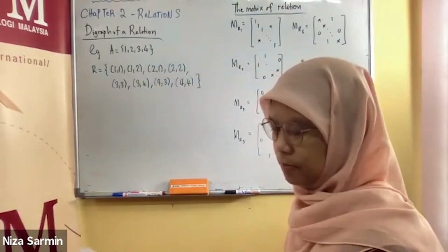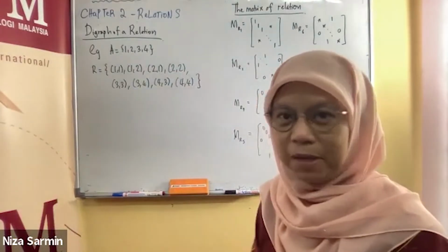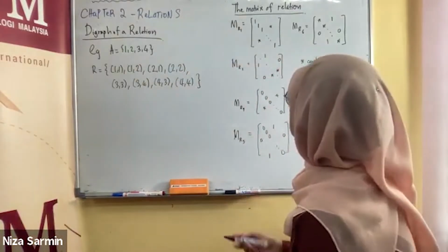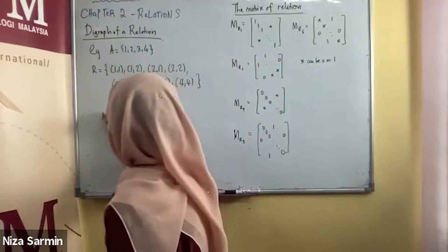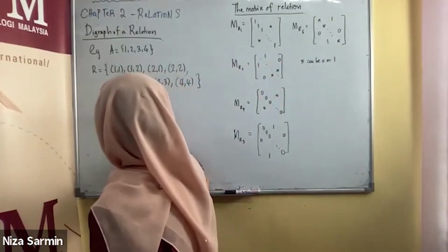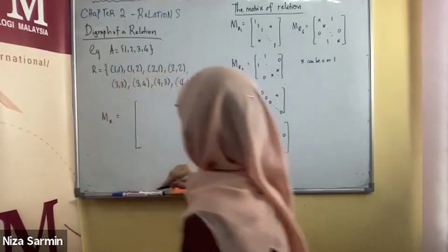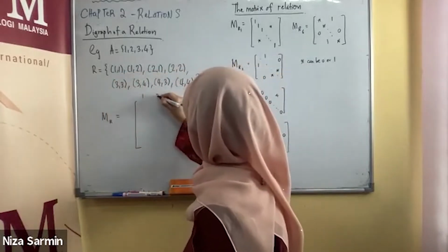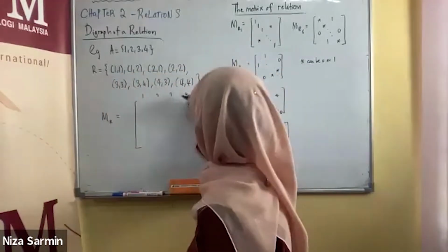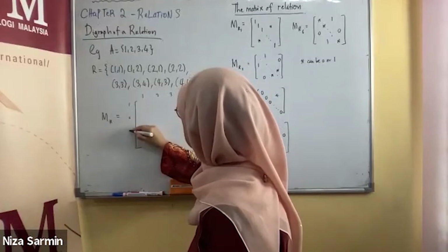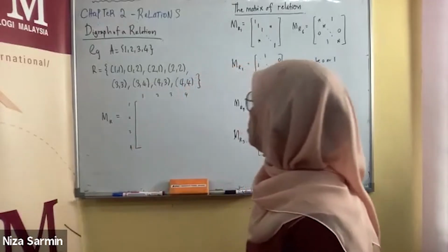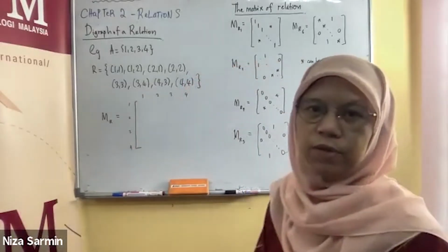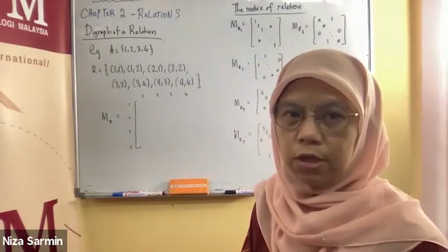Okay. We can try to write out the matrix of the relation, M_R. Whenever you see a pair in the relation, you will put a 1.